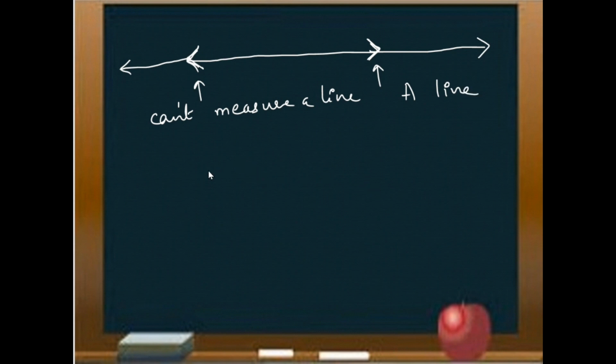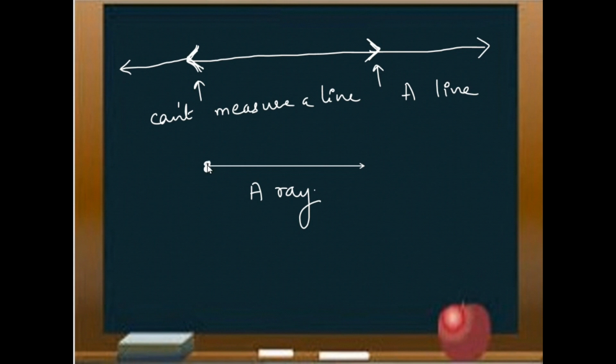Okay? Now there is one figure which has an ending point and a line with an arrow. Now this figure is nothing but a ray. Now what is the difference between a line and a ray? In a line, you have arrows on both sides, which means the line can extend on both the sides. But in a ray, you have an arrow only on one side, either the left side or the right side.